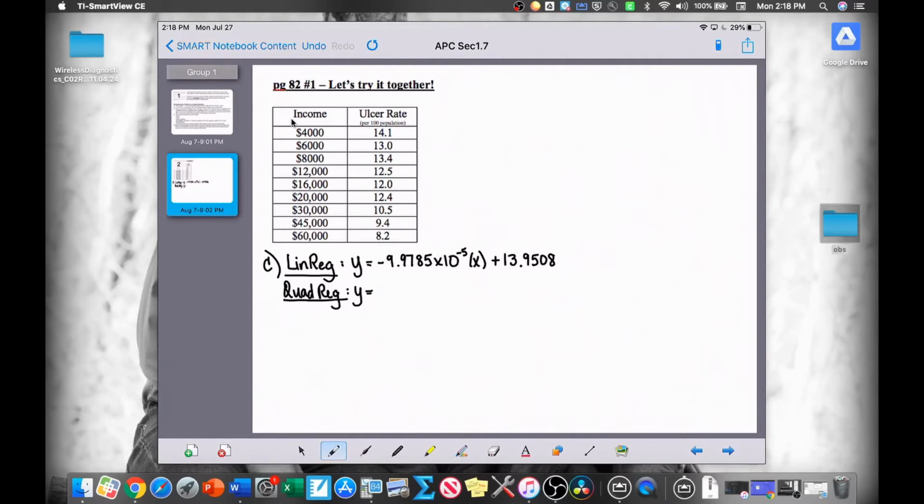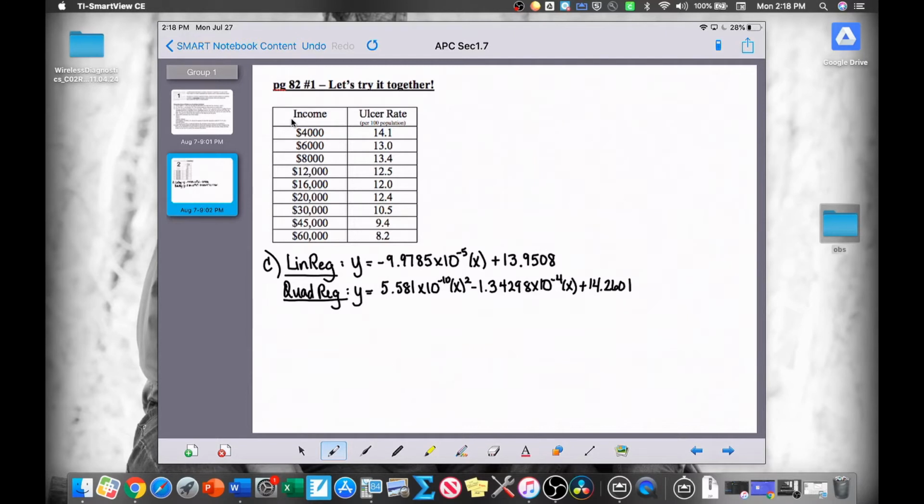was y equals 5.581 times 10 to the negative 10th x squared minus 1.34298 times 10 to the negative 4th x plus a y-intercept of 14.2601.